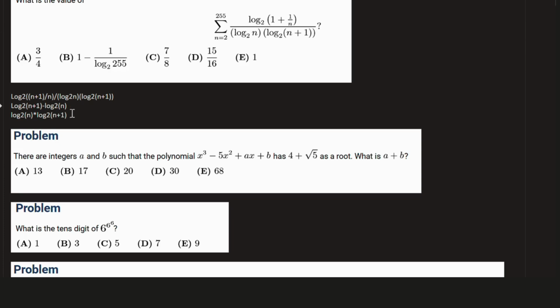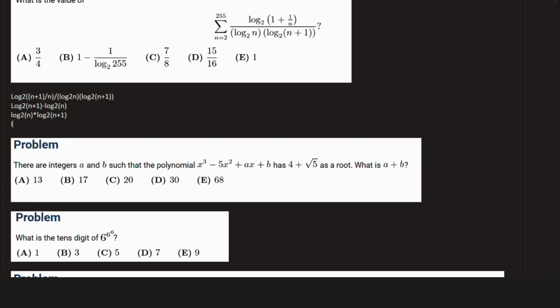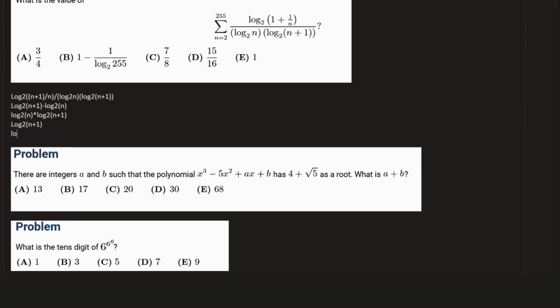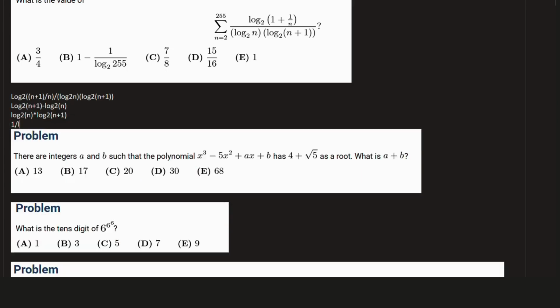Well, we can separate the numerator, giving us log 2 of n plus 1 over log 2 of n times log 2 of n plus 1. We can simplify to get that this simplifies to 1 over log 2 of n.